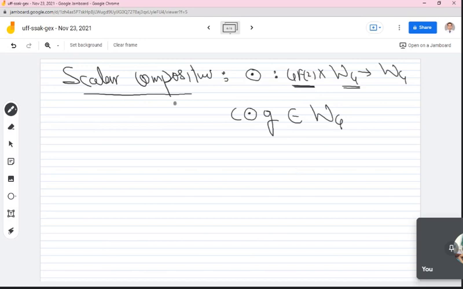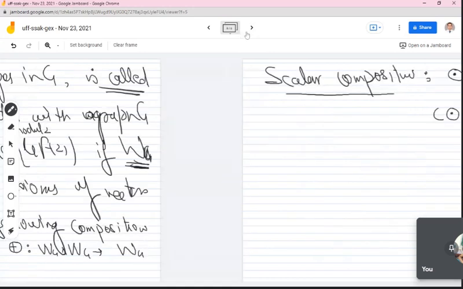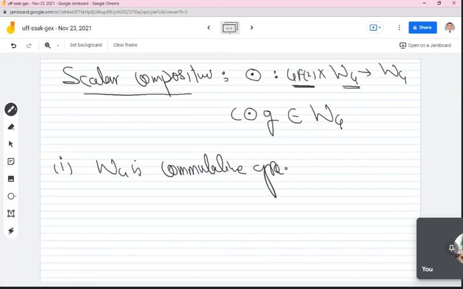Okay, scalar composition. And it satisfies the following properties also. It satisfies all the axioms of vector space. And what are the axioms? First one is WG is a commutative group with respect to addition, I will not write in detail, you know about these very well.